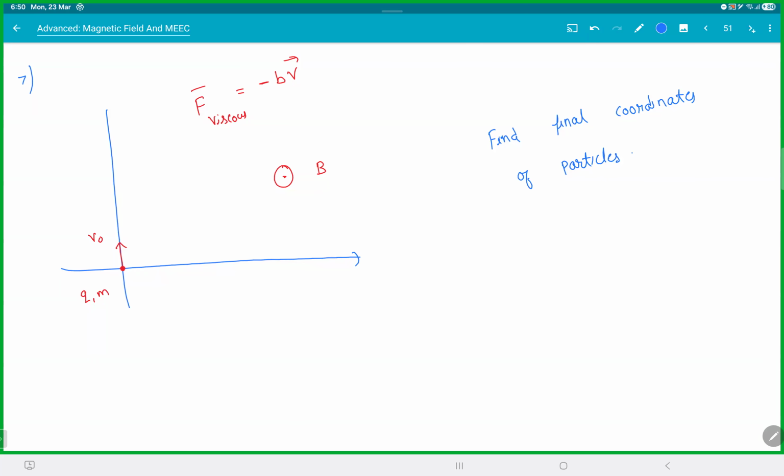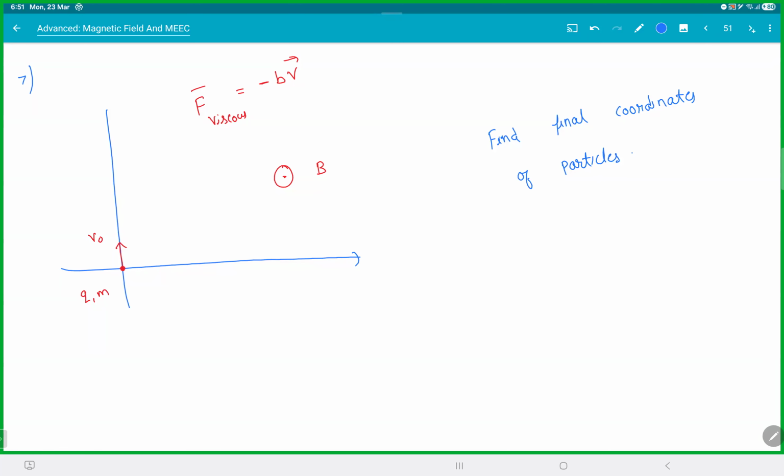Viscous force and magnetic force. Think.